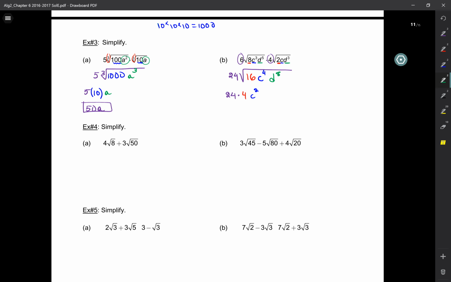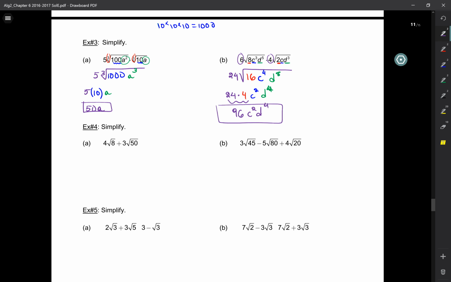Groups of 2. I have 4 groups. D squared. So 24 times 4, 96. C squared D to the 4.